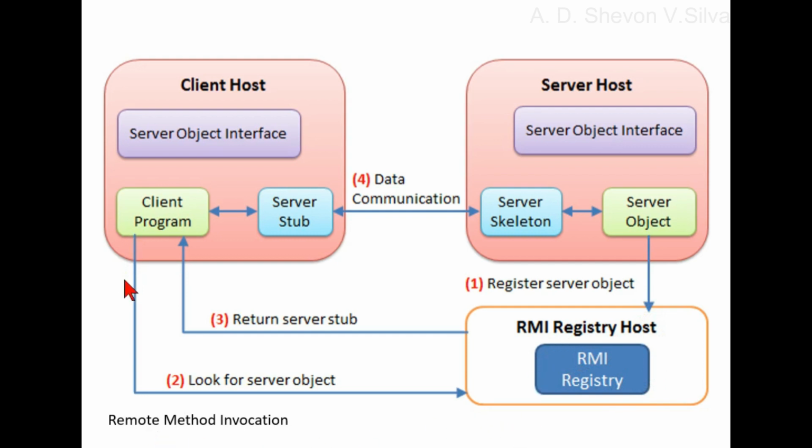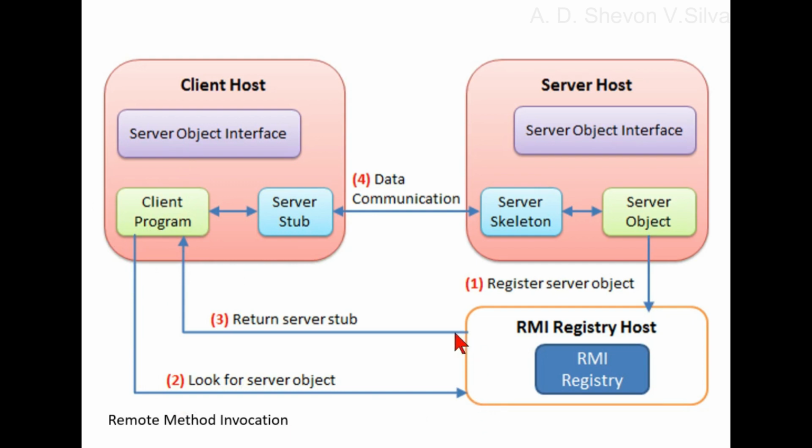And step 2 here, look. Then here the server object interface, client program, and service stubs are in the client host. This is the client program, and here the client program looks for server objects in the RMI registry host.